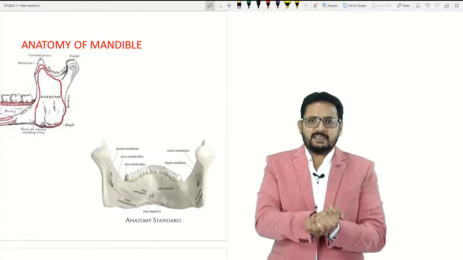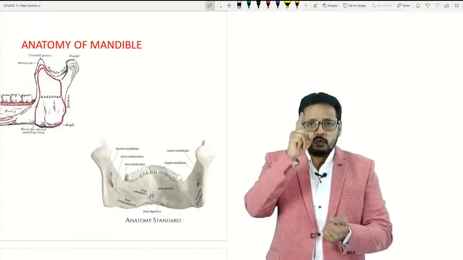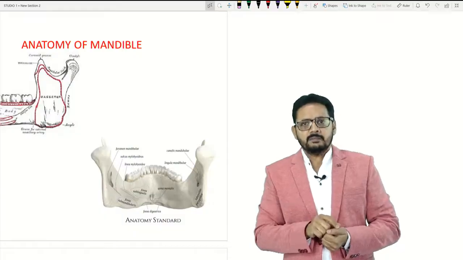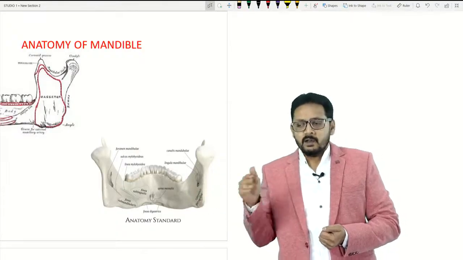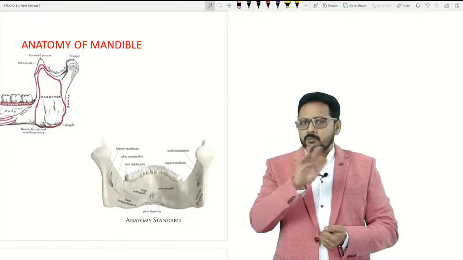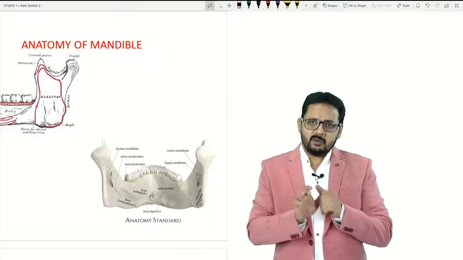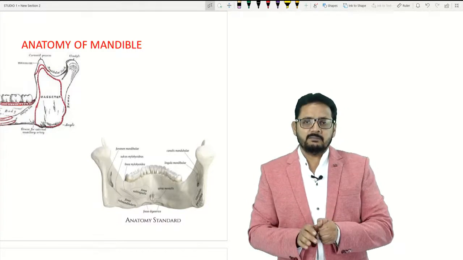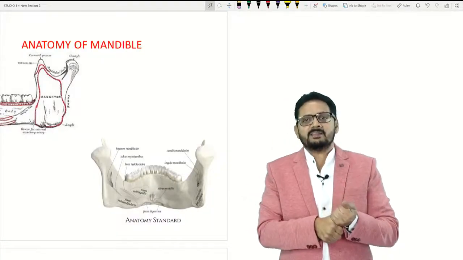You have to compress it and hold it. Please don't leave it to the technician or your assistant or to the patient saying, bite. No. You have to hold it with your own thumb. I know it will pain, but still, it is your responsibility that you hold it in place.